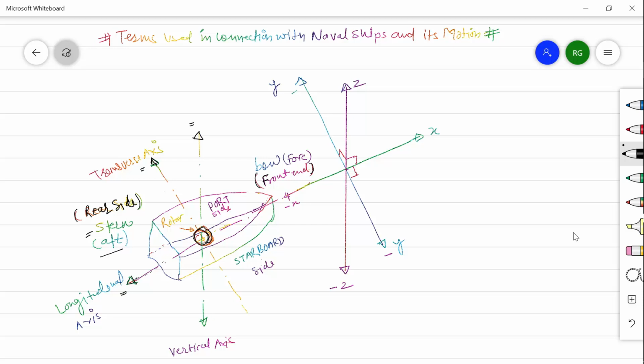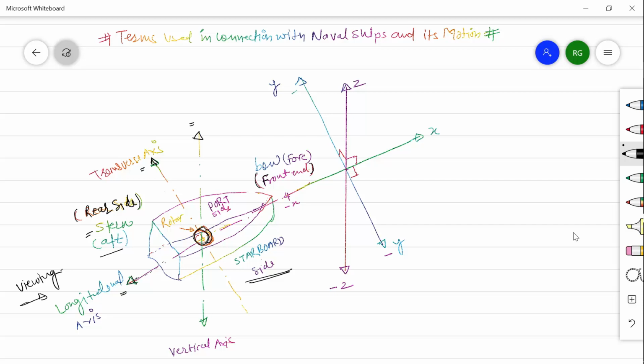When we are viewing from the rear side or stern side, then the right hand side of the ship is known as starboard side, and the left hand side of the ship is known as port side.